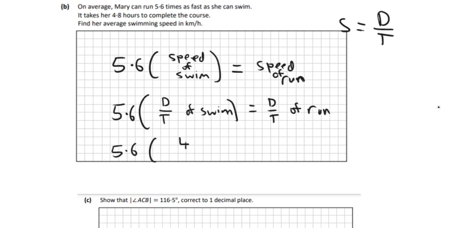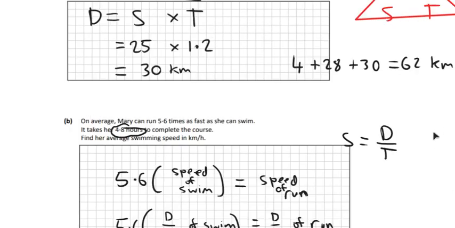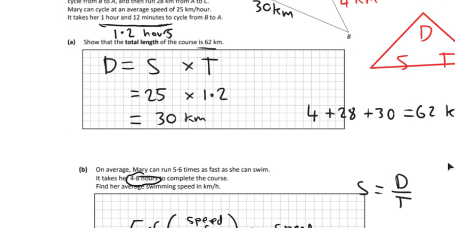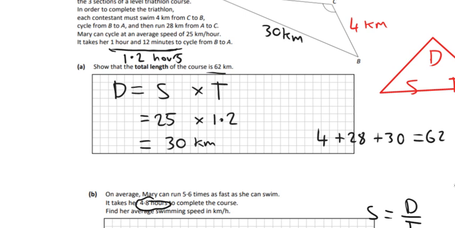The time though, we're not so sure about. We know that altogether it takes her 4.8 hours. So if we do 4.8 and we take away the other two times that we know, so we know that the time of the cycle from the first bit is 1.2.